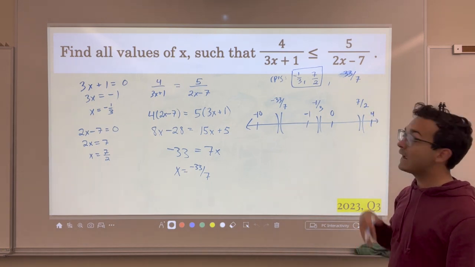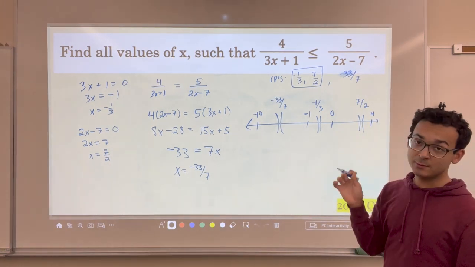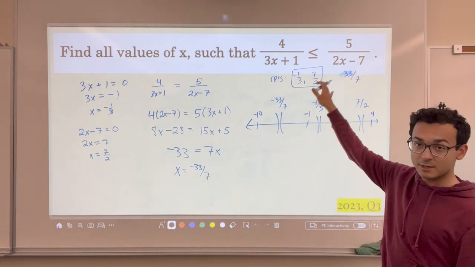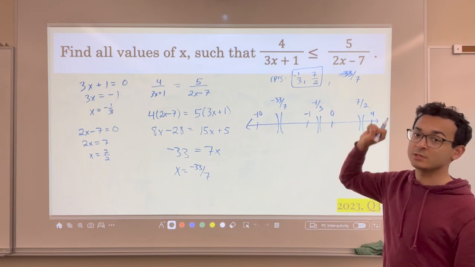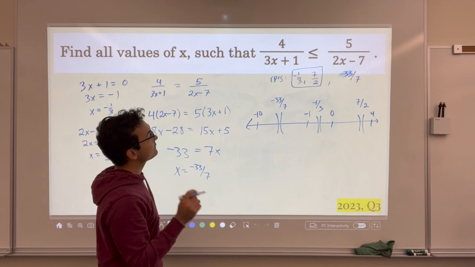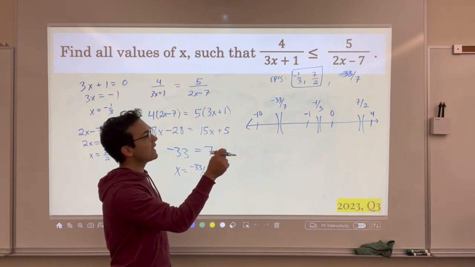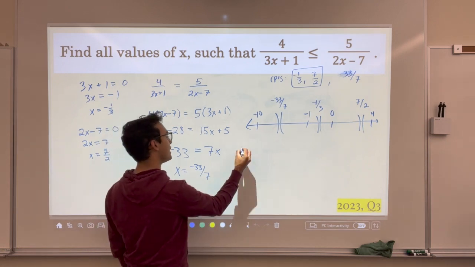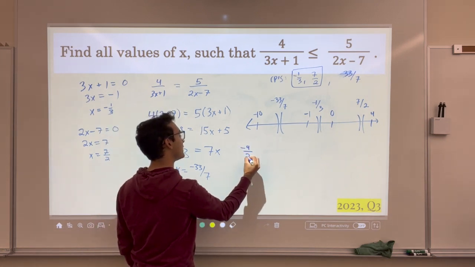Okay, so now all we need to do is test these values, meaning that we plug those values of x into our original expression to see whether or not it is true. So let's get started. If we plug in -10, 3 times -10 is -30, plus 1 is -29, so we get -4 over 29.